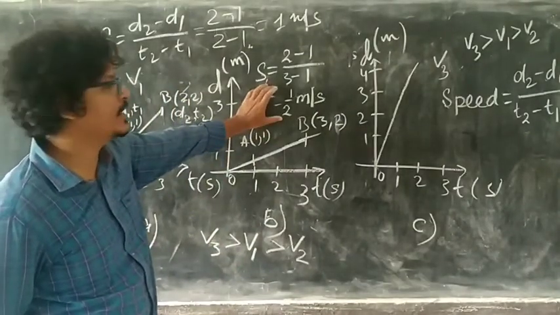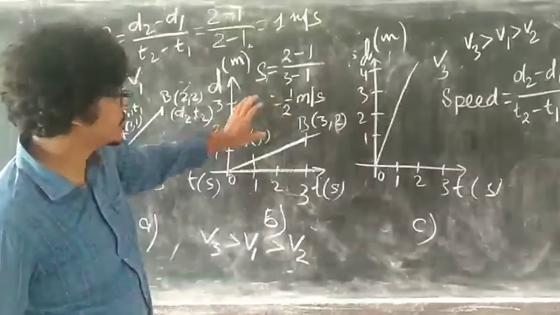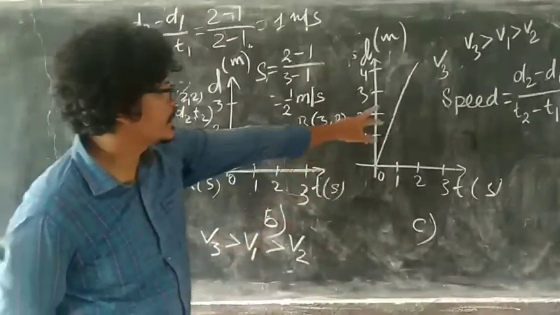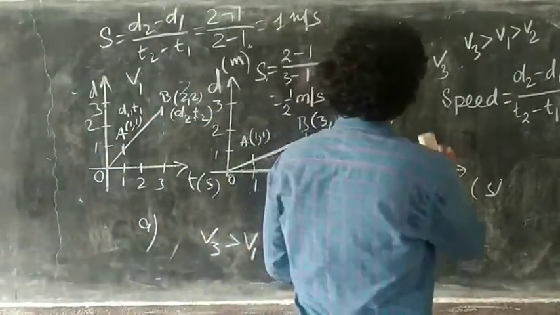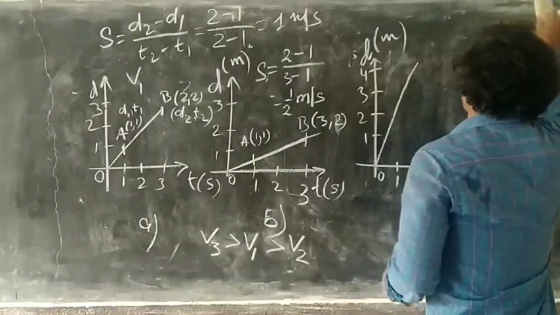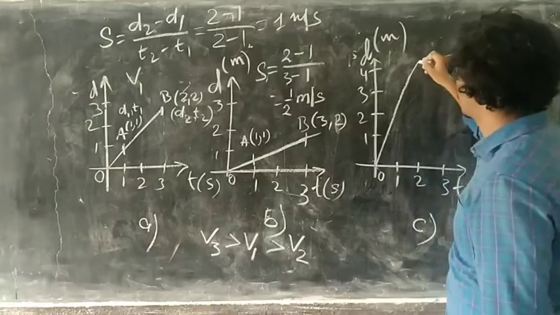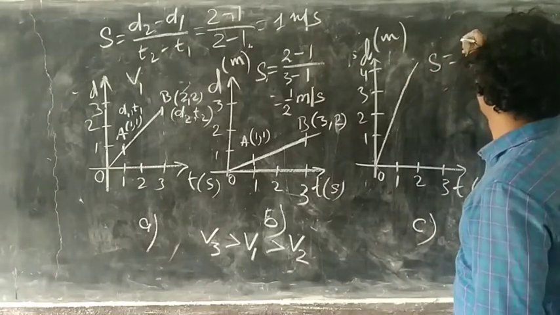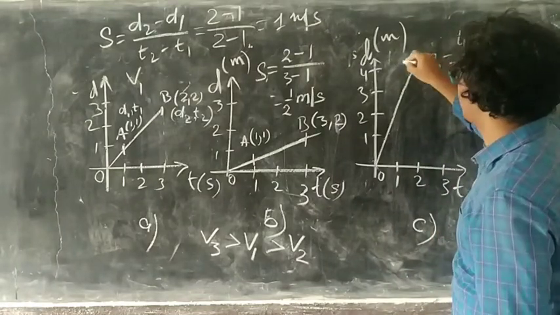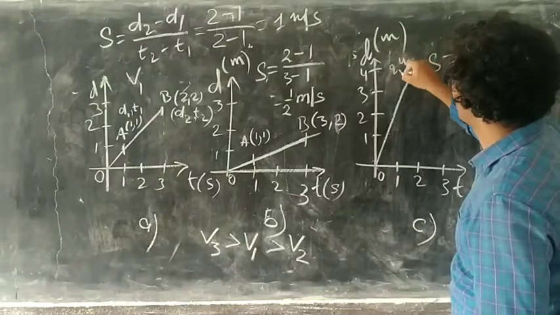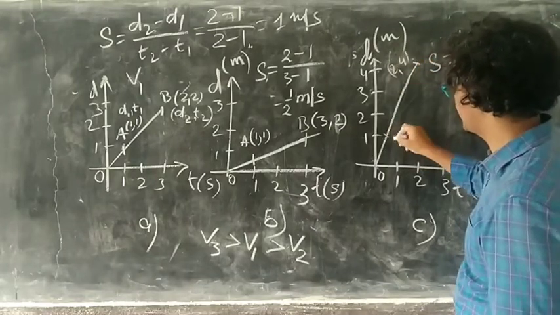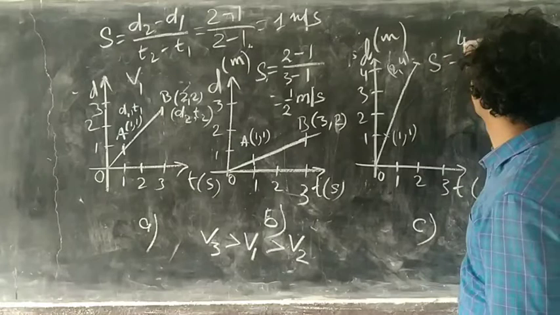So this is the speed of the object for graph B. And for graph C, if you find the speed, here I am taking this point 2, 4 and this one 1, 1.